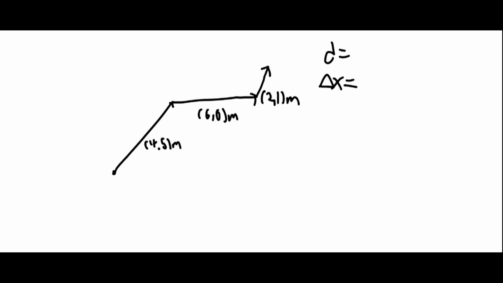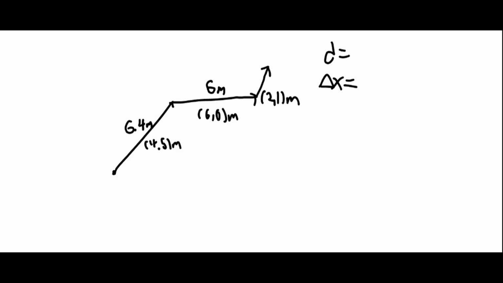So let's use a little example here using vectors, something we learned about last time. If we have this collection of vectors here, and we want to know the total distance traveled and our total displacement, how do we do that? For distance, we just want the sum of all of the magnitudes of these vectors. Here, the total magnitude would be 6 meters. If we calculate the other magnitudes, just using the Pythagorean theorem, like we will use a lot in this course, we get 6.4 meters.